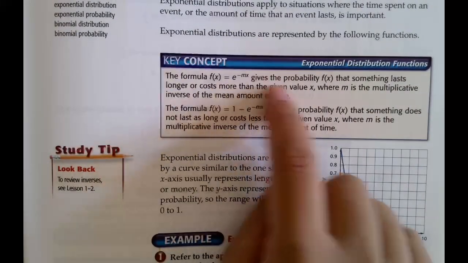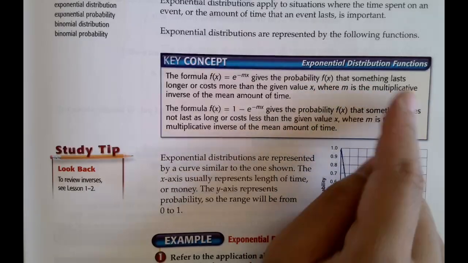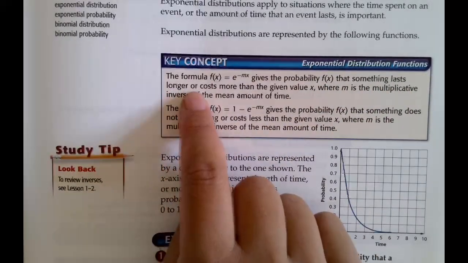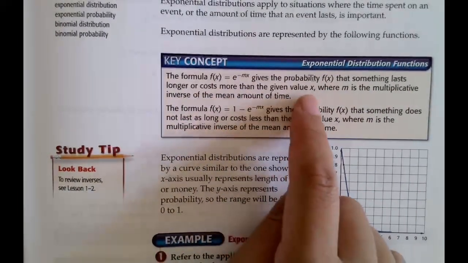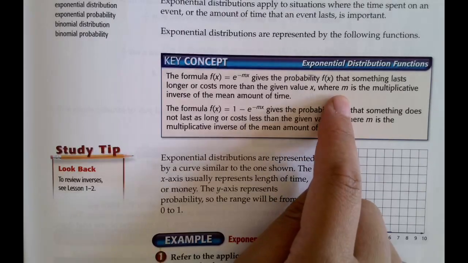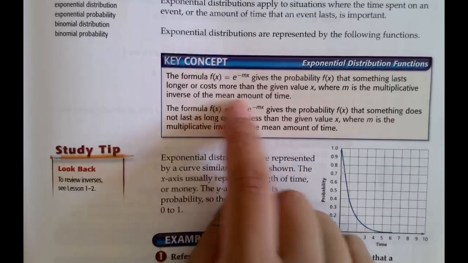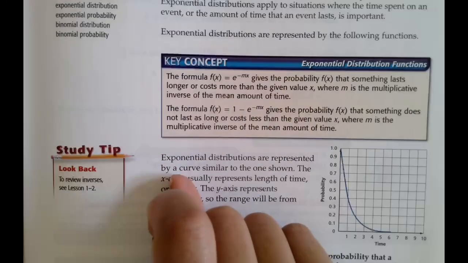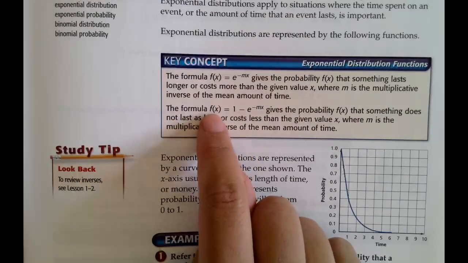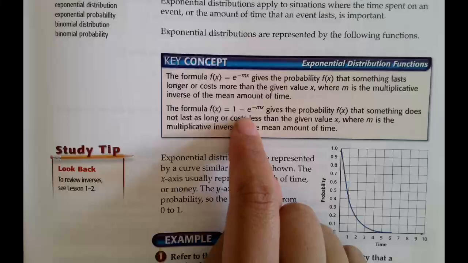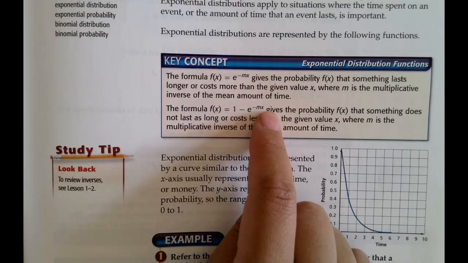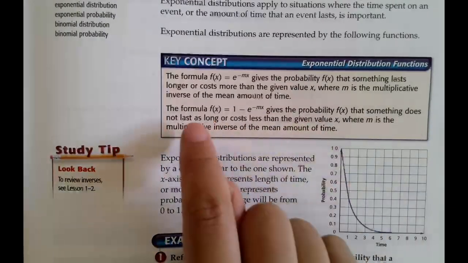This gives the probability that something lasts longer or costs more than the given value x. And then m is the multiplicative inverse, or the reciprocal, of the mean amount of time, the average amount of time. The other one, the formula f of x equals 1 minus e to the negative mx, gives the probability that something does not last as long.